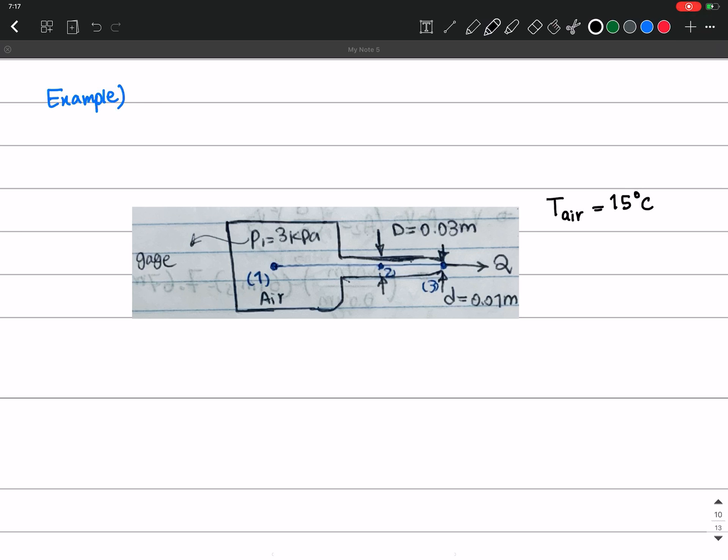So here we have this hose, and we want to determine the flow rate and the pressure in the hose. Okay, so here we have a gauge pressure of P1, which equals 3 kilopascal.